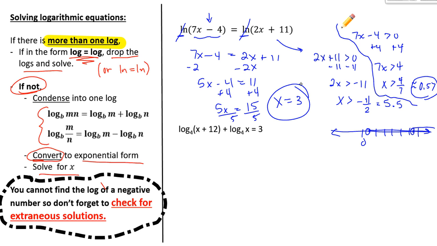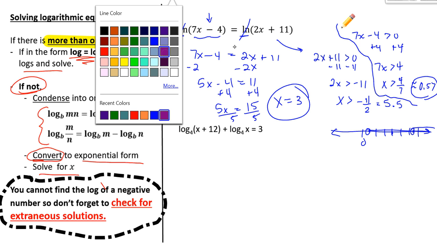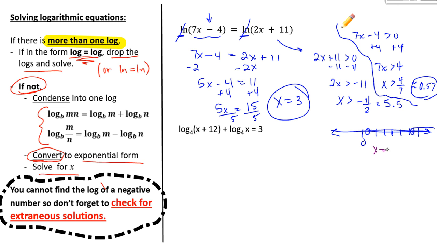Now, is 3 part of my domain? Well, here's the number line. Here's 3. Yeah, it's bigger than that number right there. So that one's okay. But like I said, if you don't like this whole method of solving for it, if it confuses you a little bit, you can always just plug your value back in. So if x equals 3, then 7 times 3 minus 4 would be this guy right here.